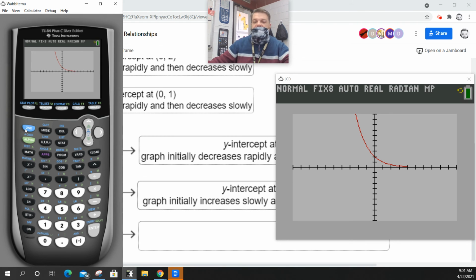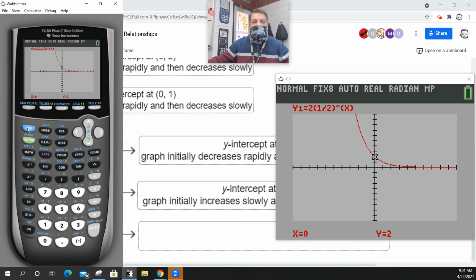Now, without even looking, what is that graph doing? Now that we kind of know what we're doing. Well, if I read it like a book from left to right, what is it doing? It's decreasing, and how does it start off? Yeah, it decreases rapidly, then it finishes slowly, okay?